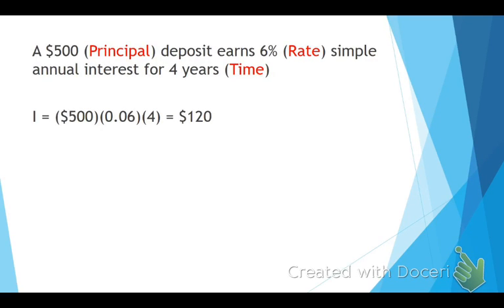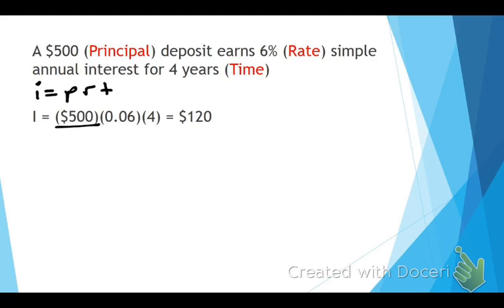Okay, so a problem that you might have says a $500 deposit earns 6% simple annual interest for 4 years. So you can kind of see here the principal, the amount of money that they deposited or that they borrowed is $500. So you can see normally it would be I equals PRT. So you can see this right here, $500 is my principal.